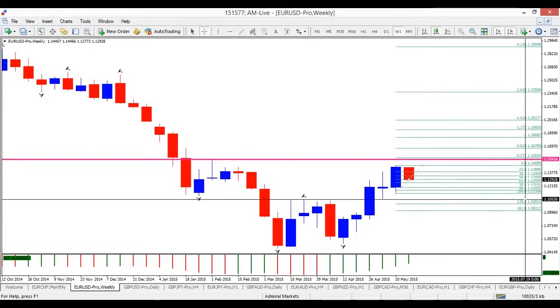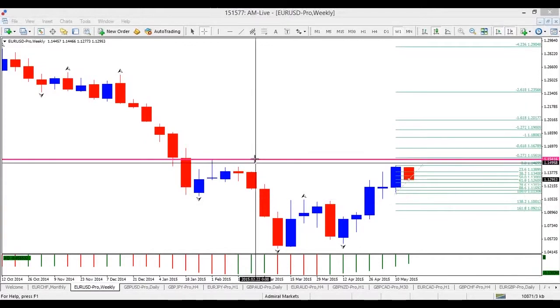To give a bit more accommodation and not aim for the very last pip, because sometimes price doesn't reach that last 1 or 2 pips. So you typically do not want to aim for the very last pip. If you have 117 as a target, especially if it's a long-term trade, I would recommend going some 25 pips lower than that, like 116.70 probably. The alternative target would be 115.40.